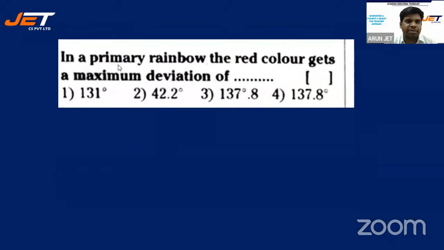Okay, look at this one. In a primary rainbow, the red color gets a maximum deviation of 131 degrees, 42.2 degrees, 137 degrees, 137.8 degrees.